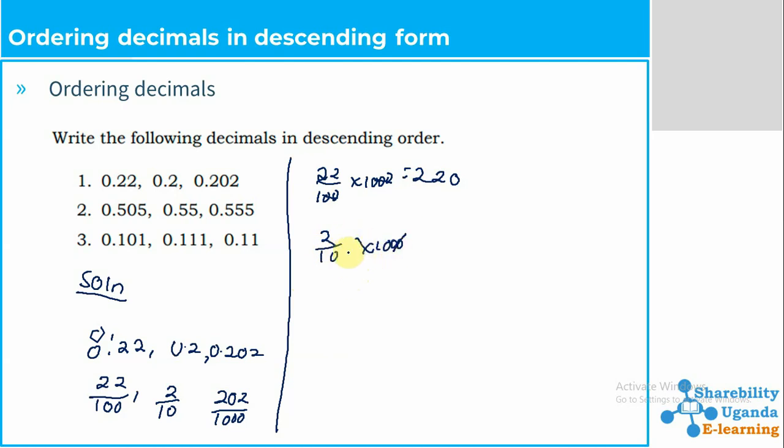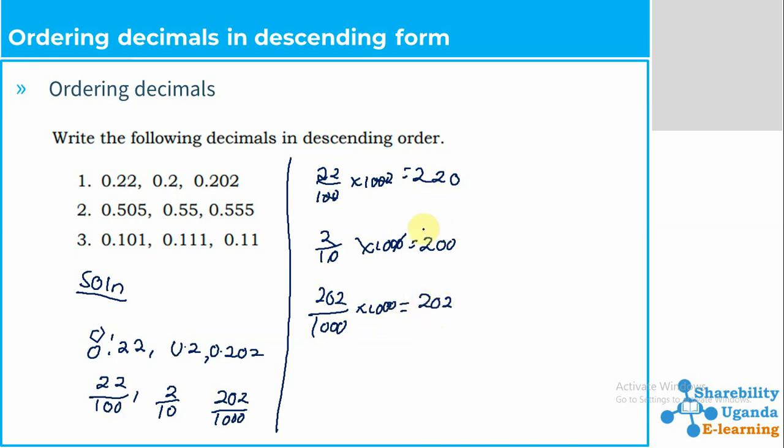We'll cancel our 1 zero here. Then this is going to be 200. Okay, then also we can still work out our last one, which is 202 out of 1,000 times 1,000.